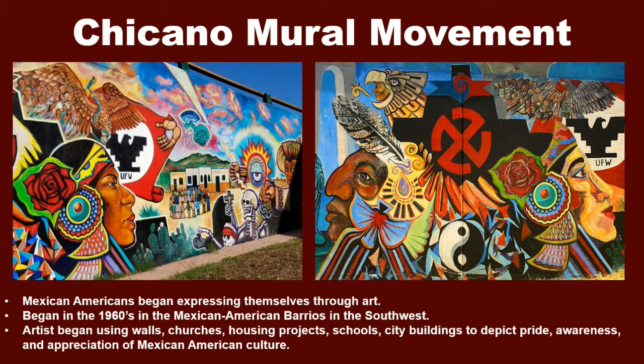And artists are going to begin using walls to visually depict their culture, their heritage, and their pride in their culture, and to educate the community about who Chicanos were, what their culture was, what their history was, what they stood for, what they represented. So they use these murals as a way to educate the public and to express their heritage.